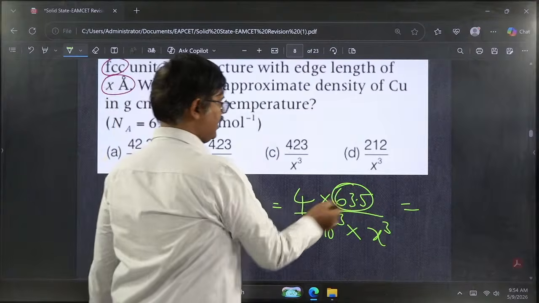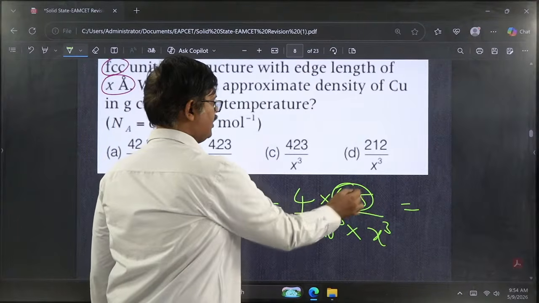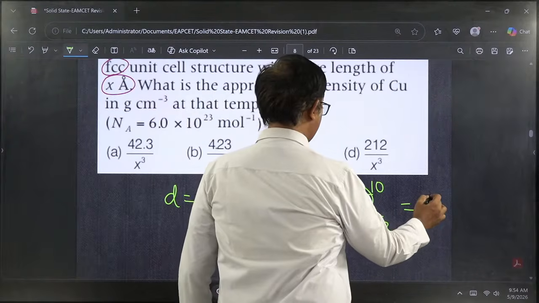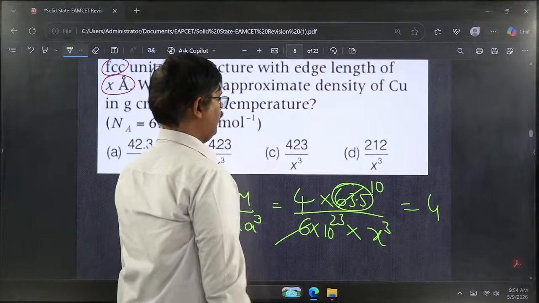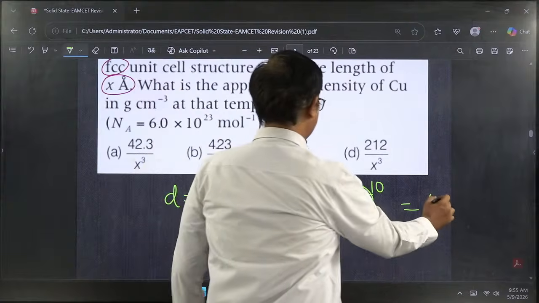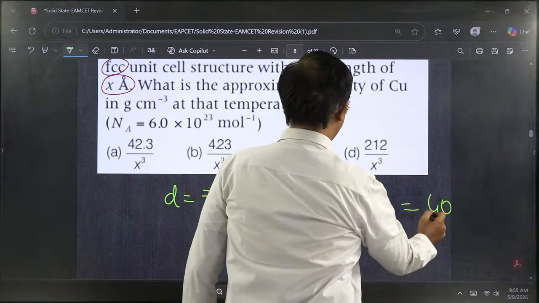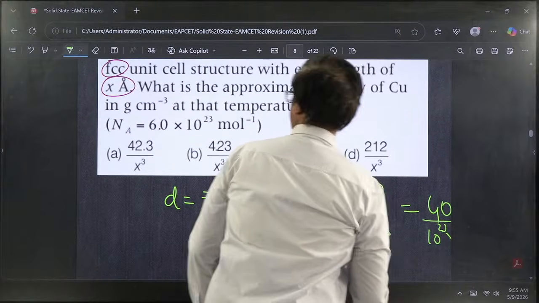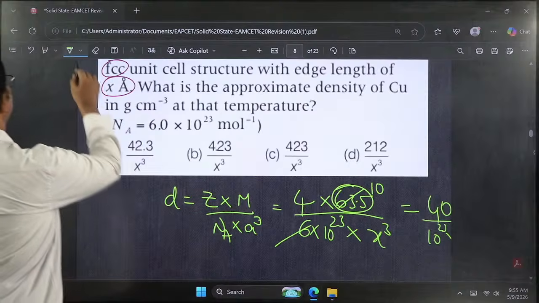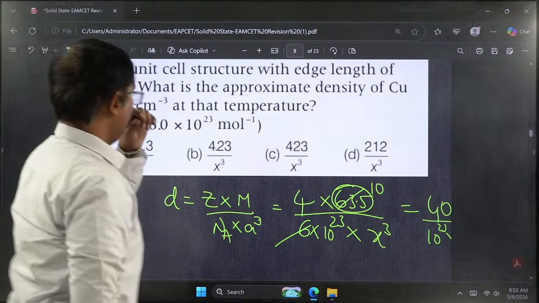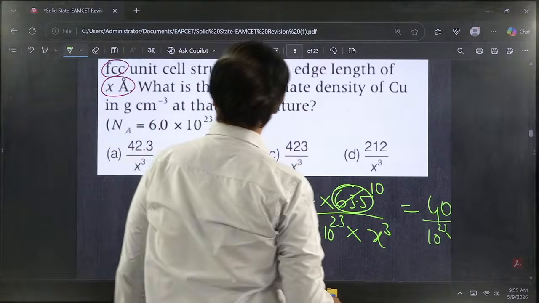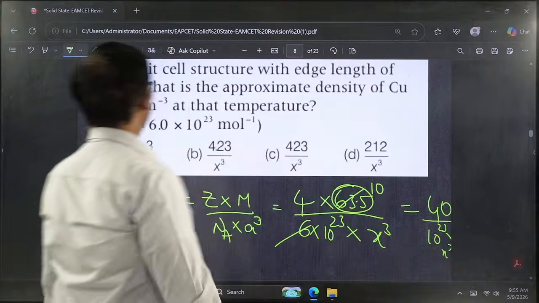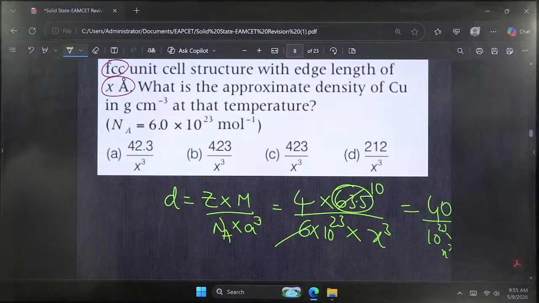So if I take this as 60, then around 10 times. So how much are you getting here? 40 by 10 power 23 into X cube. Okay.